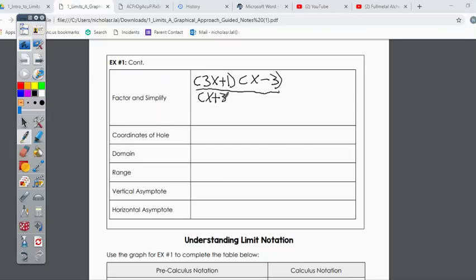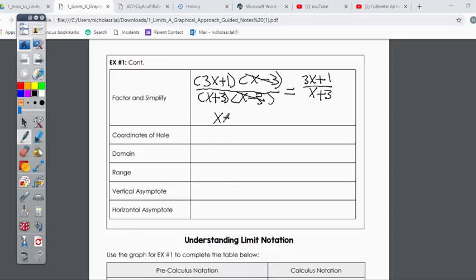So we can cross out the x minus 3, so this will equal 3x plus 1 over x plus 3.